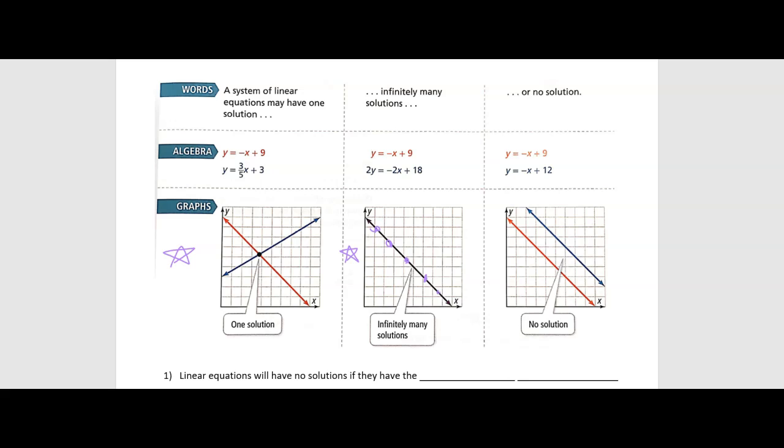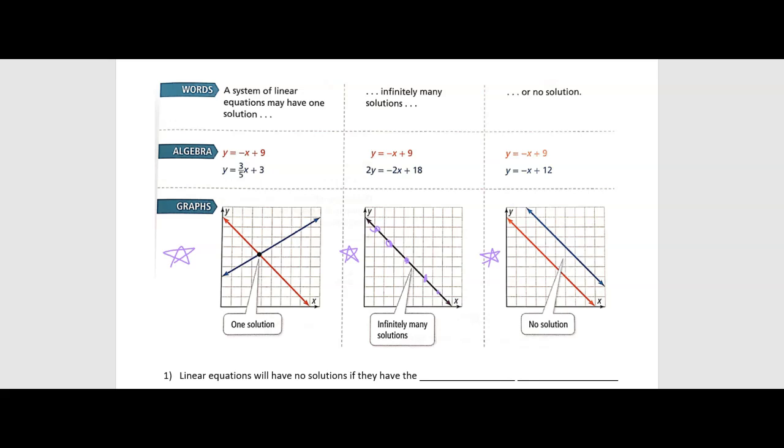The final possibility is that the lines have no solutions, and that's if they are parallel, if they never intersect. We've already talked about what parallel lines look like: same slope, different y-intercepts. That will ensure that the lines never intersect, and it will also ensure that there's no point that works for both of the lines.